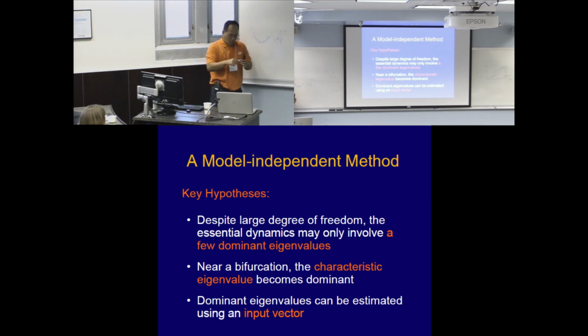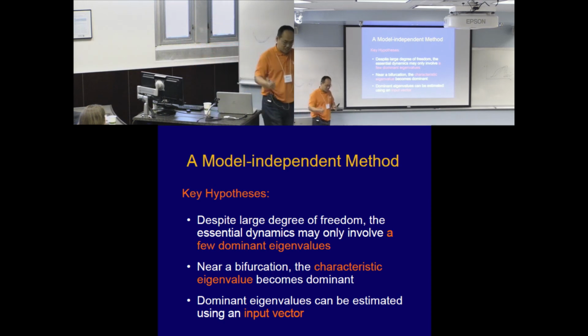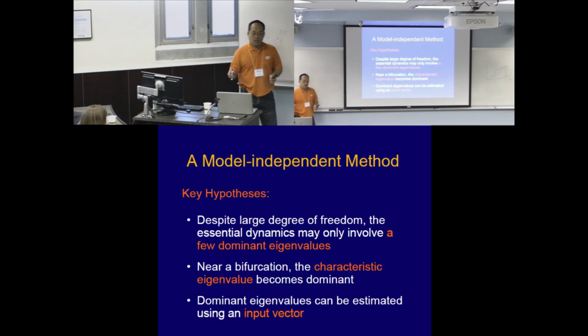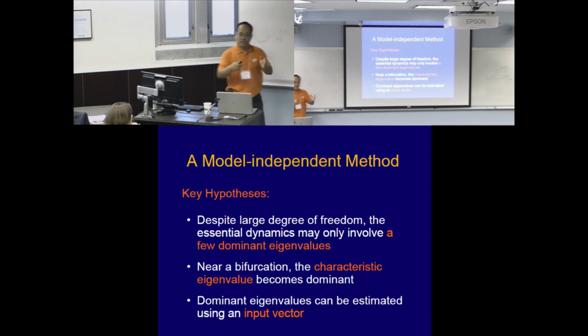So our hypothesis is that the eigenmode corresponding to alternans is slow. This is because when it's close to alternans, the eigenvalue is about to approach -1, because -1 is characteristic for period-doubling bifurcation. And other eigenvalues will be close to 0. Then you have this dominant eigenvalue. That is the fundamental hypothesis.